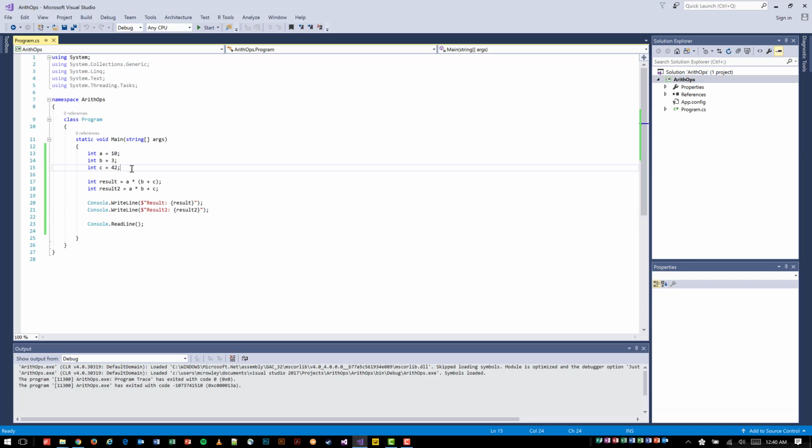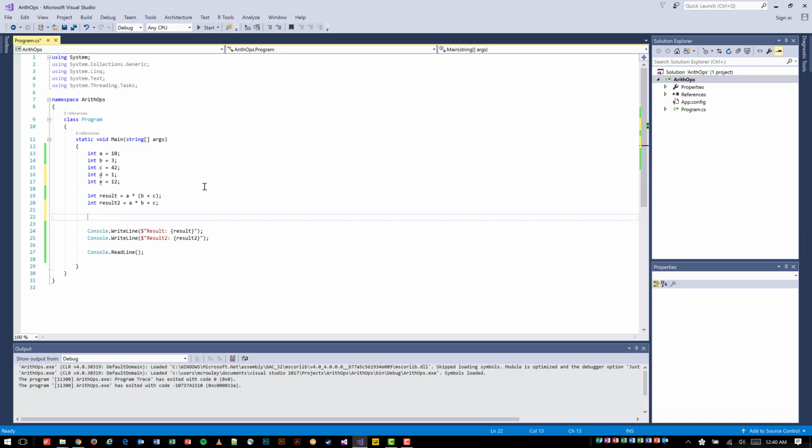So if I had a few more variables, int d equals 1, int e equals 12, and I had a result3 equals a times b plus c divided by d modulo e, what would be evaluated first?